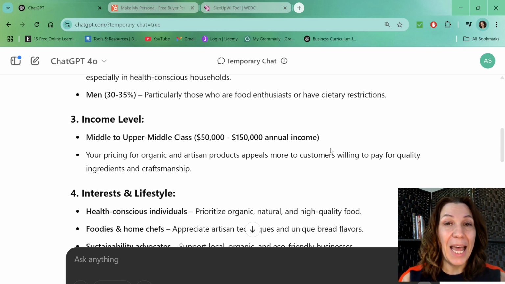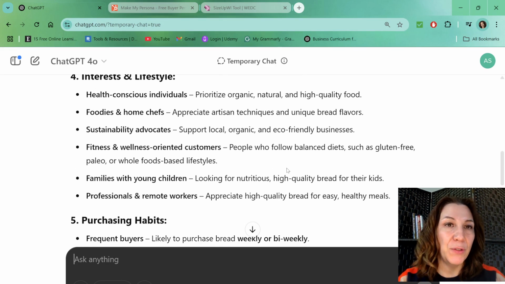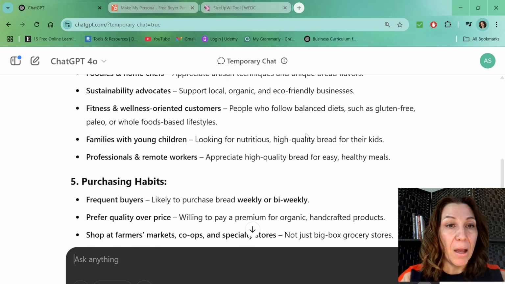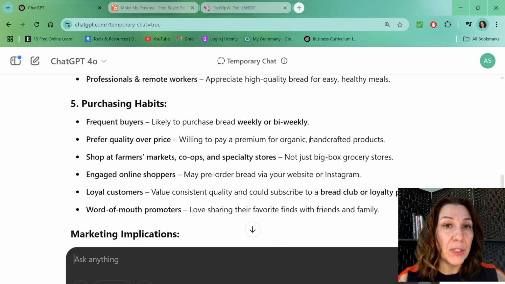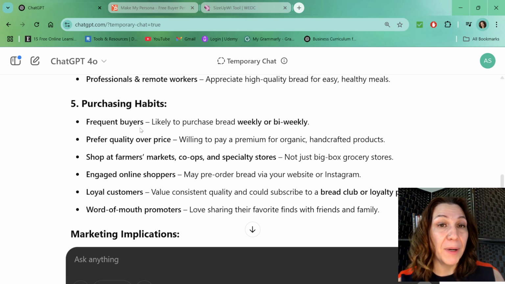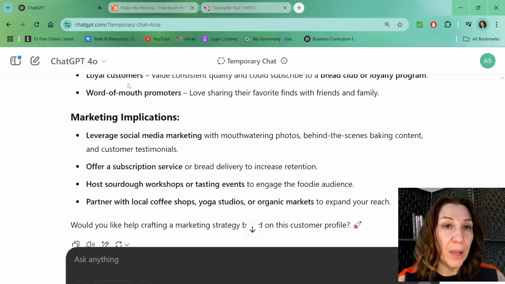Translation is that you may be able to ask a higher price point for your product. Interest and lifestyle: we asked about interests, health-conscious individuals, foodies, home chefs. Purchasing habits: frequent buyers who prefer quality over price and shop at farmers markets. This is where they purchase their product, so it is very, very important.